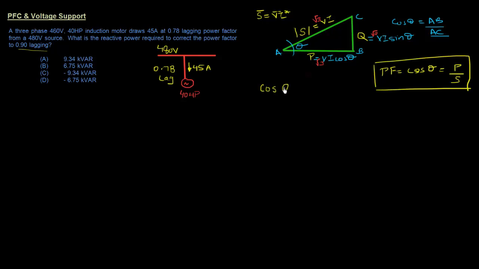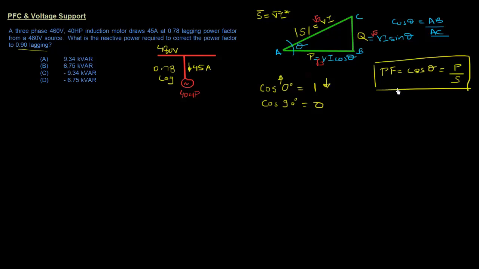What is cos of 0 degrees? That's 1. What is cos of 90 degrees? That's 0. And any angle in between takes a value between 1 and 0.